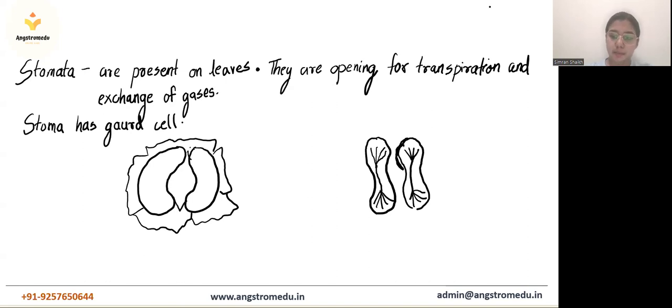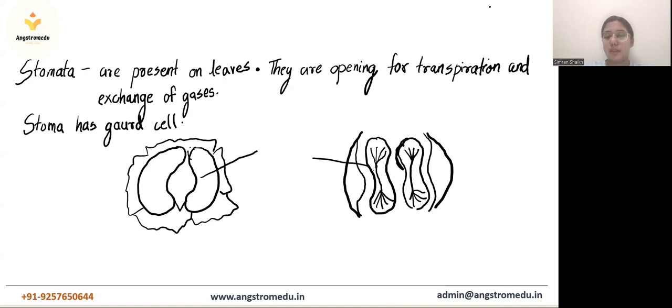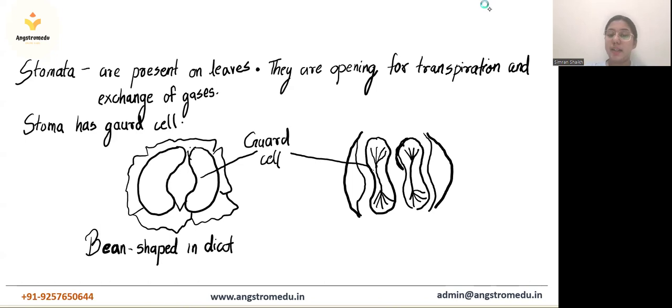So as you see, these are guard cells. In dicots, they are bean shaped, and dumbbell shaped in monocots.